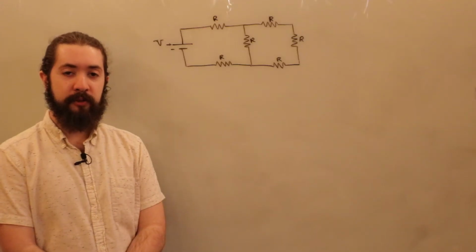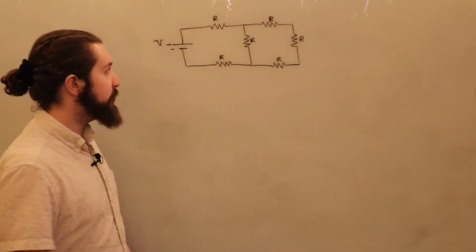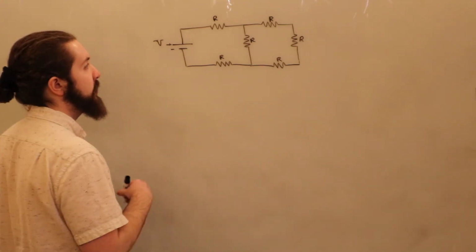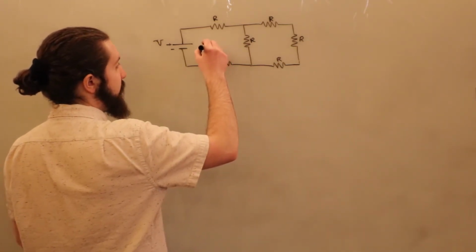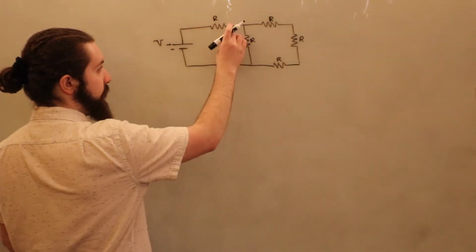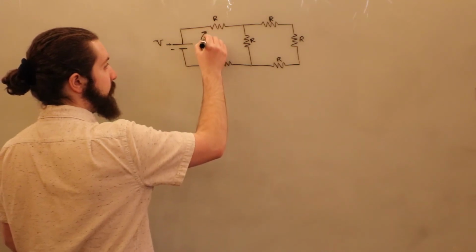Now let's use these rules to figure out the currents in this circuit. So in each branch of the circuit, you're going to have a different current. So we're going to have a current going through the battery and through these two resistors, right? Then we'll call this I1.